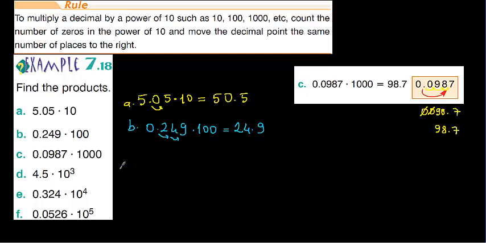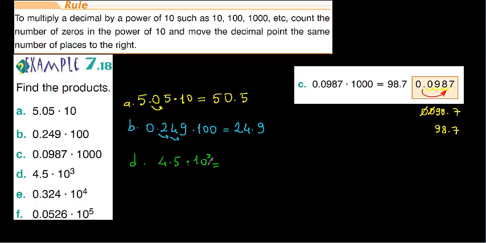And the last example I'm solving here, D1, 4.5 times 10 to the power of 3. It means there are 3 zeros here, because when you put the power of 3, it should be 10 times 10 times 10, which means there are 3 zeros.